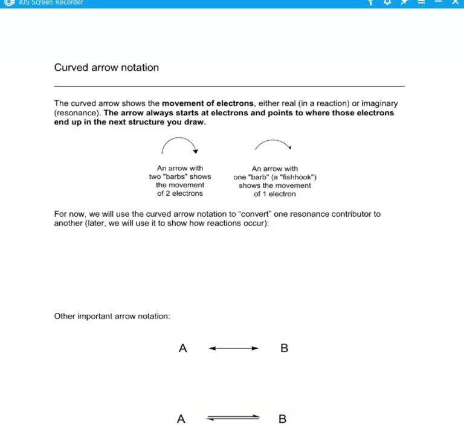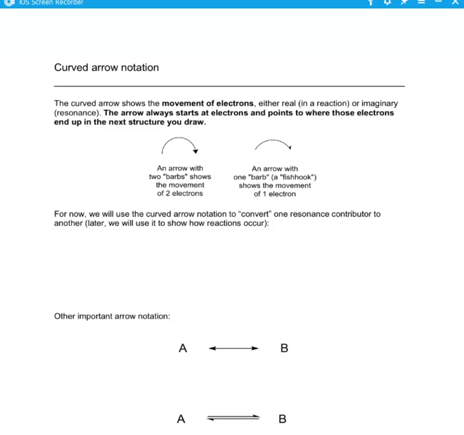So curved arrows show the movement of electrons. Now that can either be a real movement, for example, in a chemical reaction between two partners. Let's say one of them has some electrons that it's able to share with the other one so that it can form a bond to it. That would be a real movement of electrons. The electrons are moving from one chemical to the region between the two chemicals to link them together in a chemical bond.